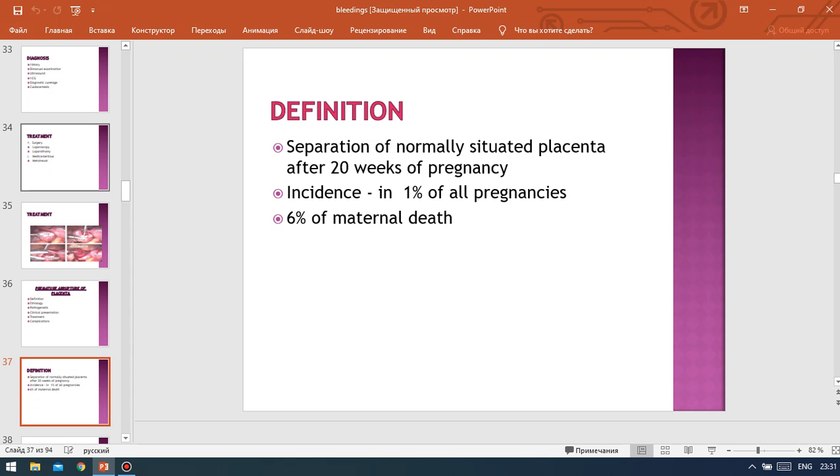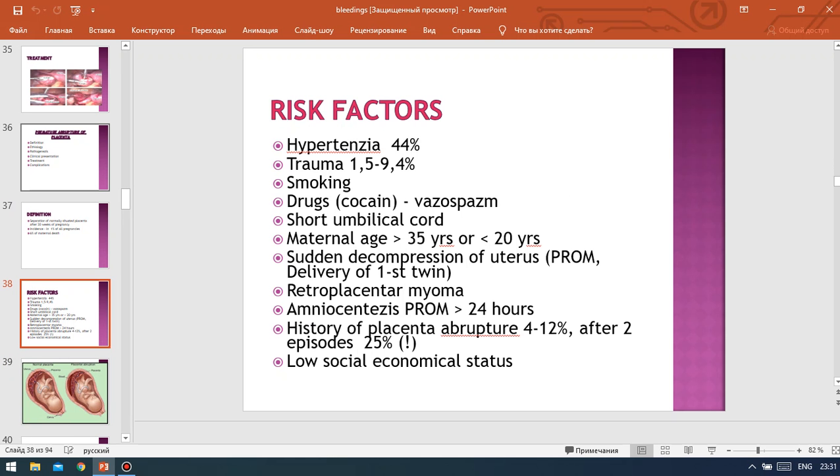It's very important because sometimes the abruption of placenta begins as an acute emergency, and the patient loses so much blood, and we can't help her quickly.